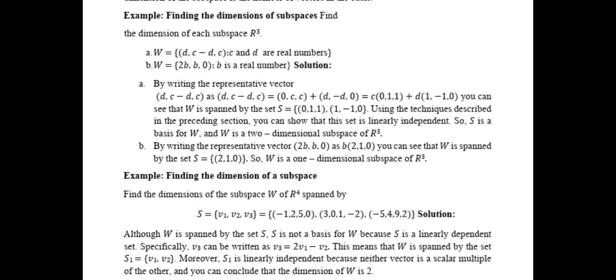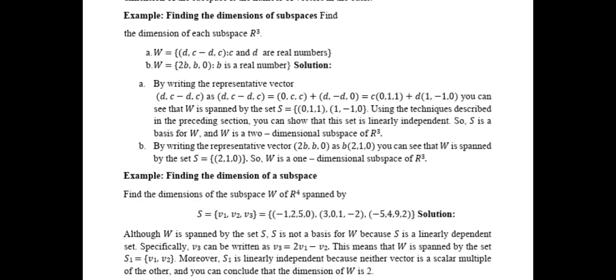Finding the dimension of a subspace. Find the dimension of the subspace W of R^4 spanned by S = {v1, v2, v3} = {(-1, 2, 5, 0), (3, 0, 1, -2), (-5, 4, 9, 2)}.